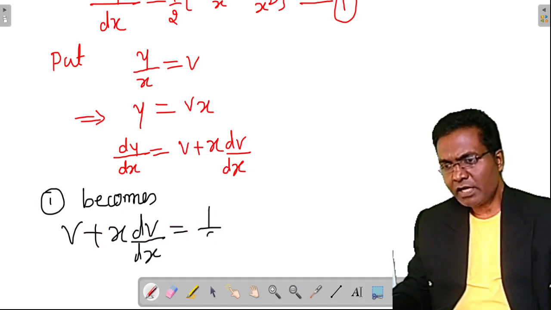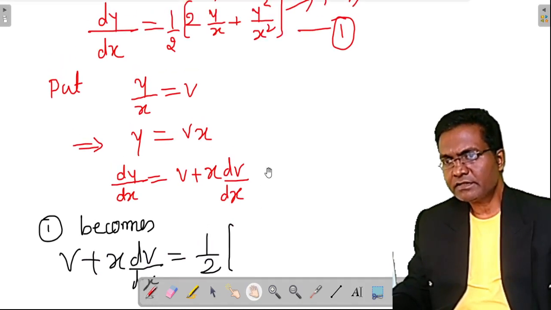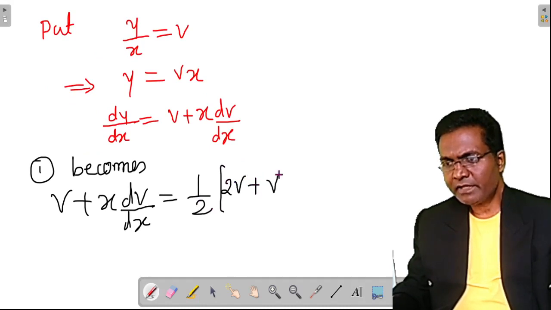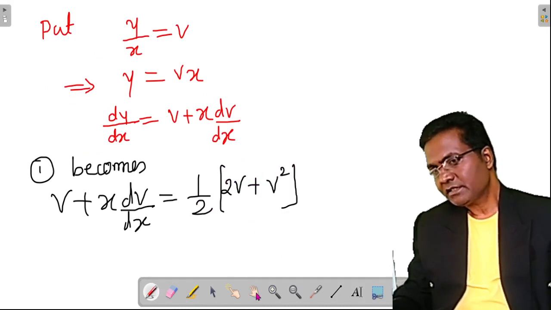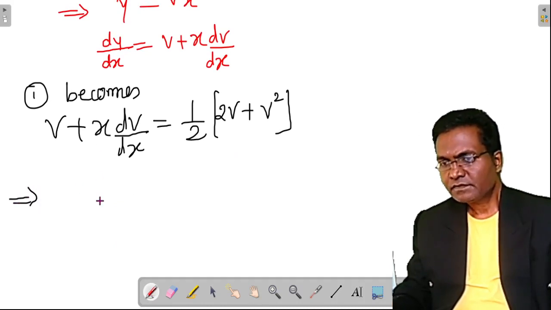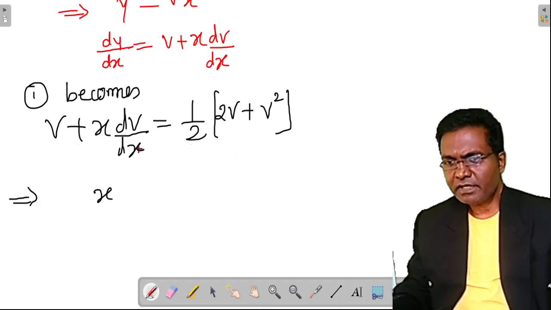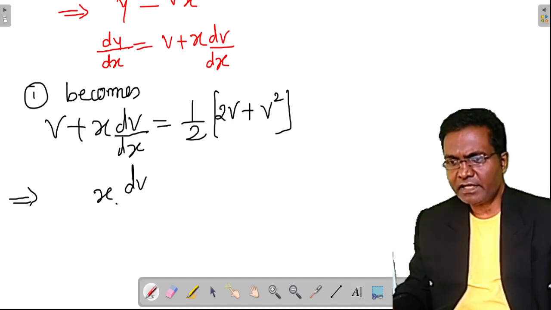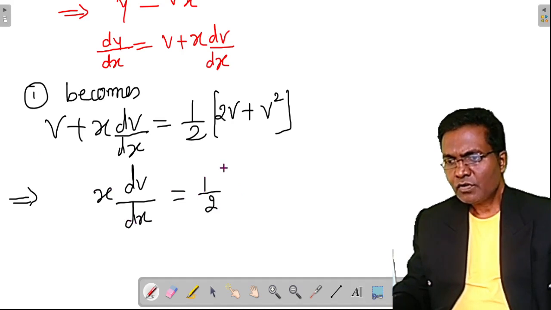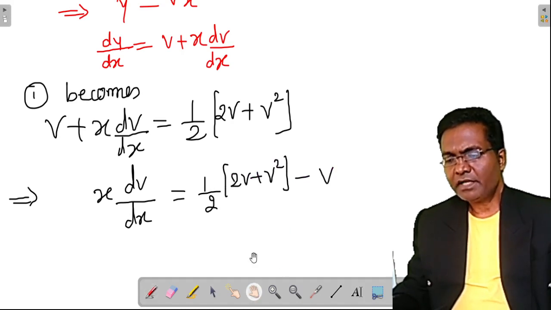equals 1 by 2 I had. Look at this, 2v plus y square by x square means it is v square. Okay, now you can bring this v this side, x dv by dx equals 1 by 2 into 2v plus v square minus v.